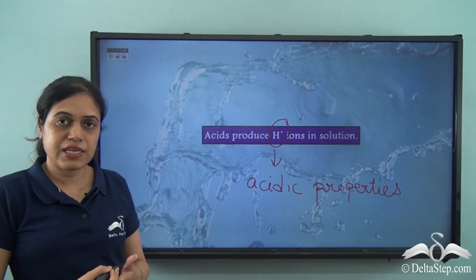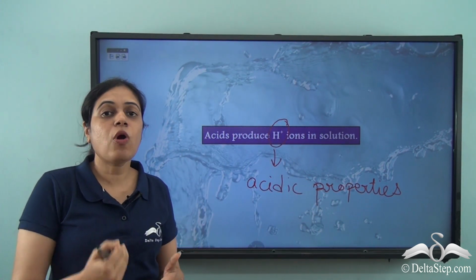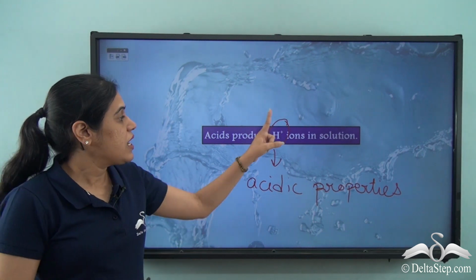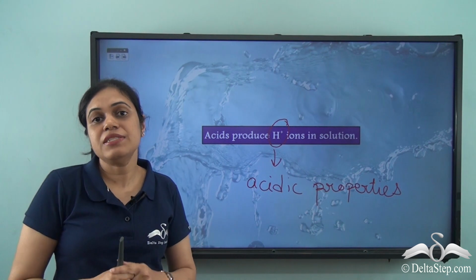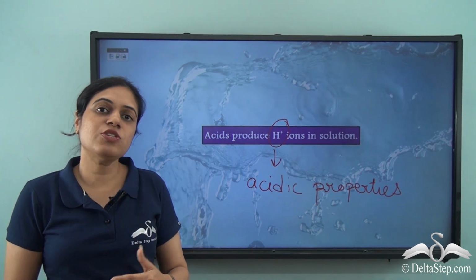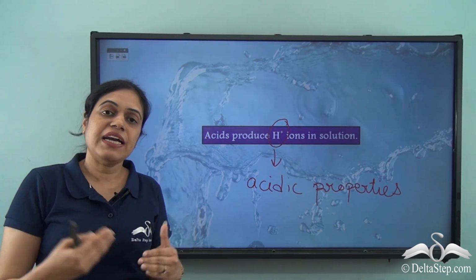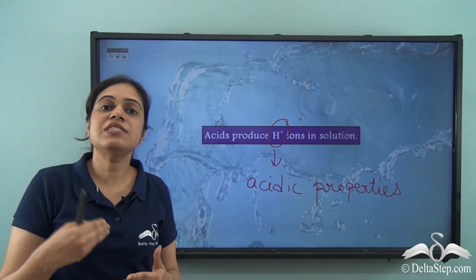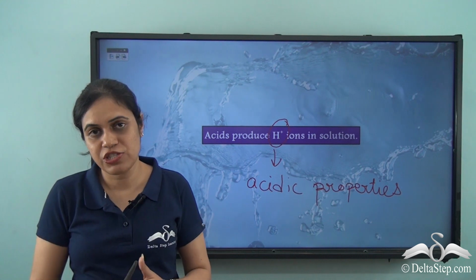We have already seen that acids have some common properties. These properties are because they release H plus ions in solution and H plus ions all behave in the same manner. That is why all acids behave more or less in a similar manner in chemical reactions.